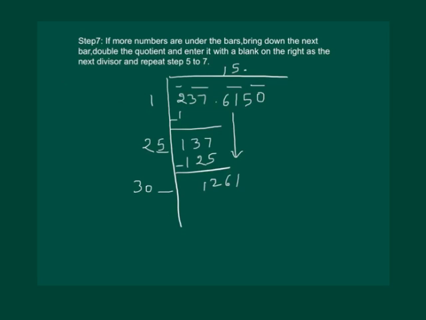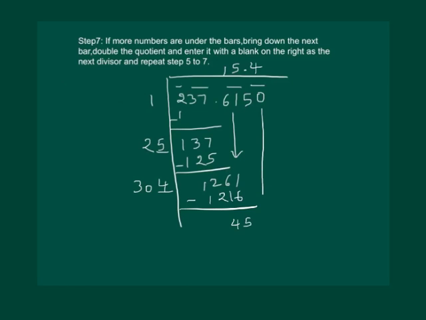Again we have to guess the number, so by hit and trial we get 4 and 1216. On subtraction will give us 45.